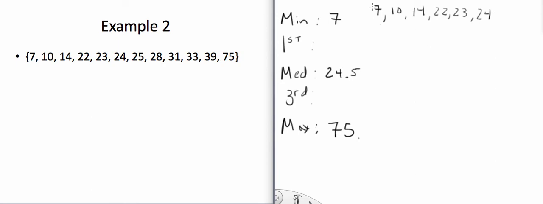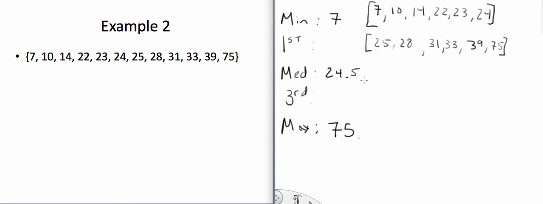This is my first half of numbers. My second half is 25, 28, 31, 33, 39, and 75. I don't get rid of any numbers. Since the median falls in between those two, that's the natural split, so we don't have to take anything out.